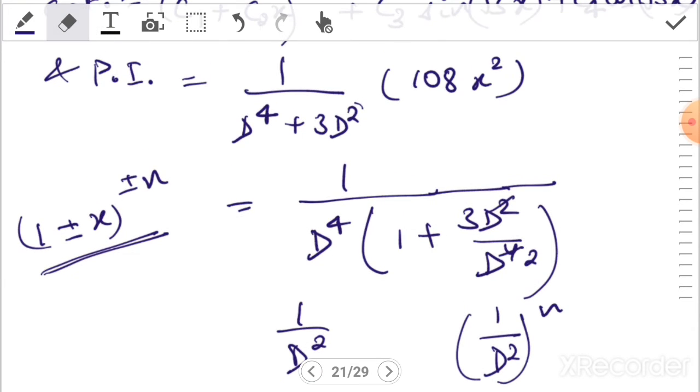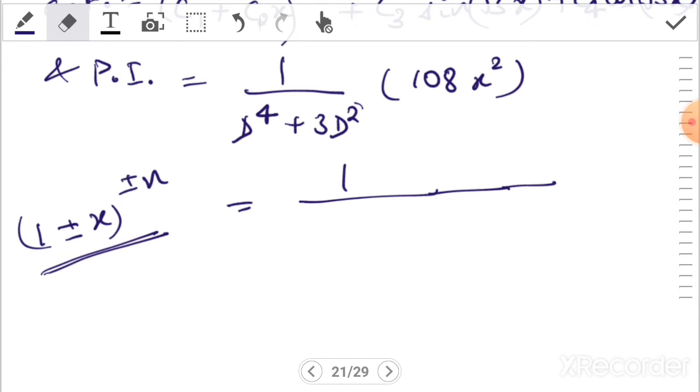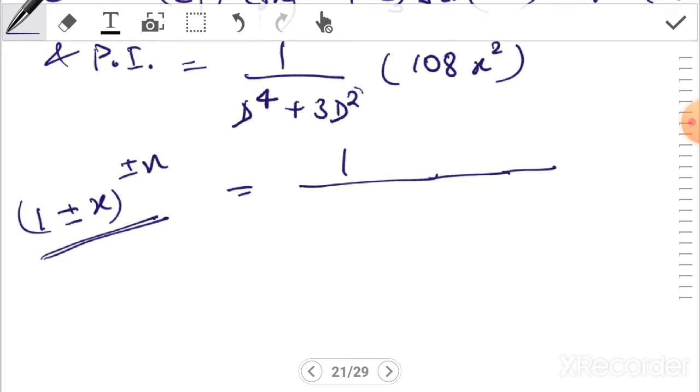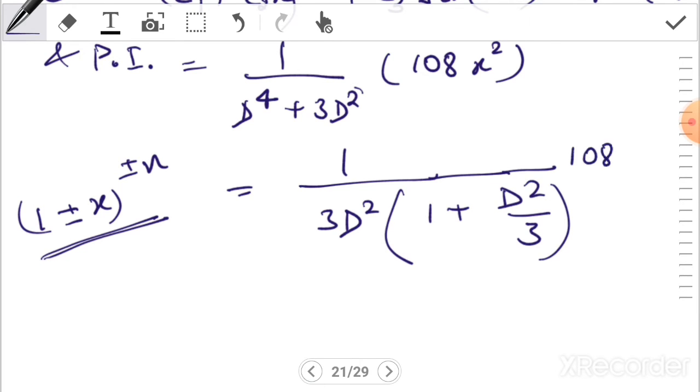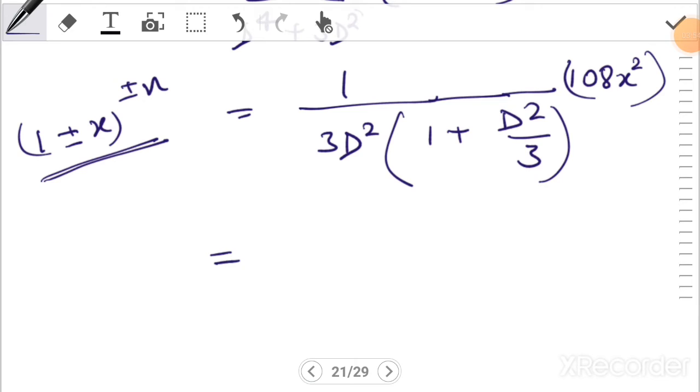So since calculating higher order derivative is easier, that is why we will take 3D square as common, 1 plus D square by 3 and 108 x square. Right?